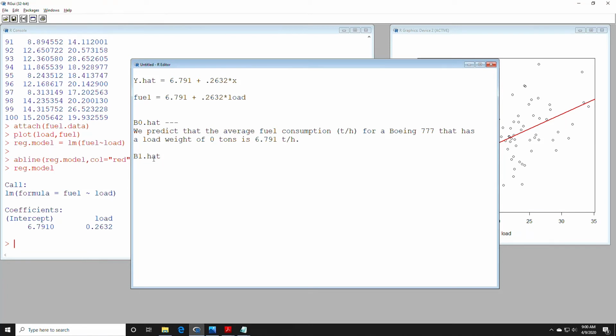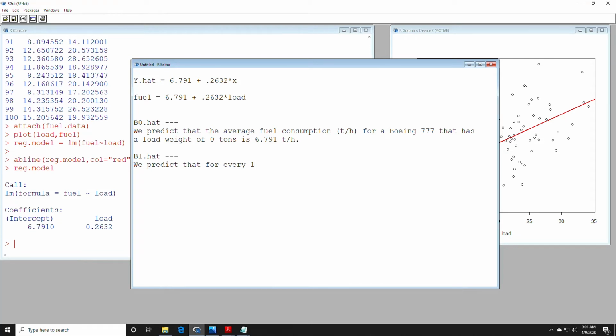Okay, the estimated slope, beta 1 hat. We predict that for every 1 unit change in x, but we have units, right?